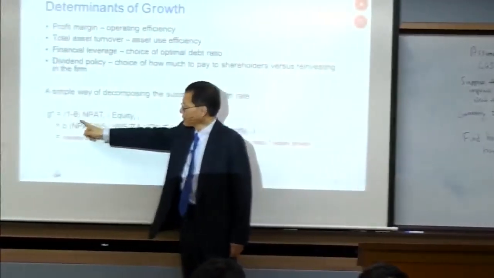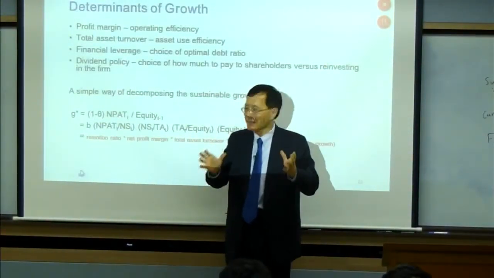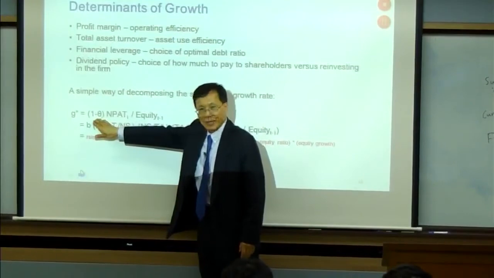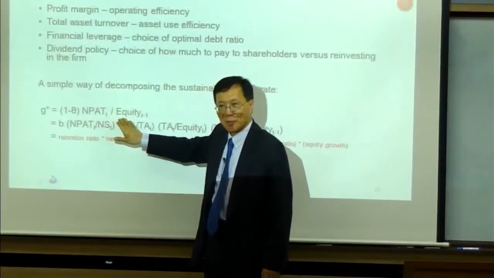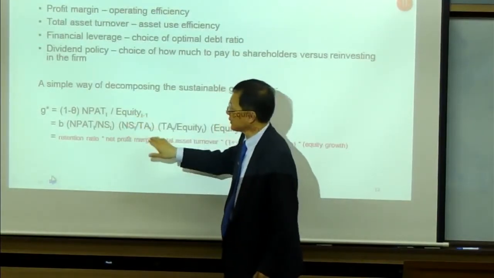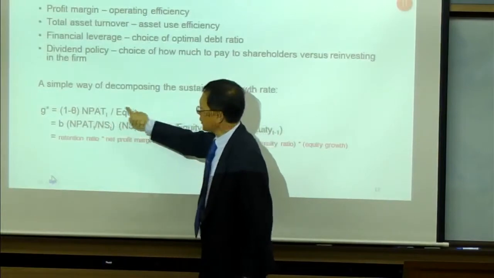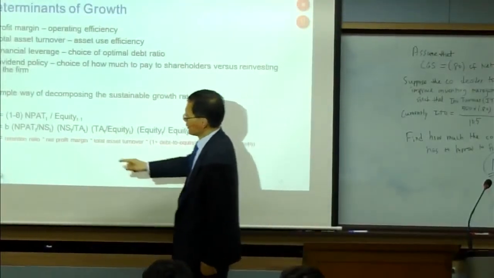By definition, you take it as given: 1 minus payout ratio theta times net profit after tax divided by equity of the previous year end. You can decompose this.